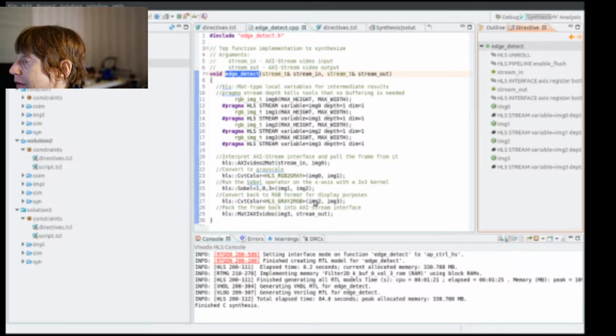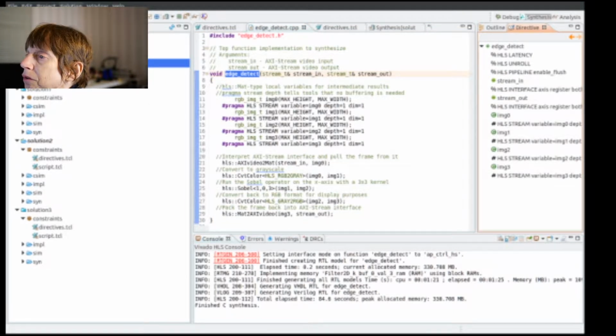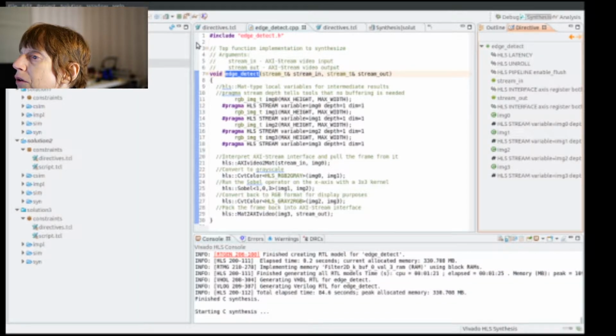See what happens. See what kind of timing we get here. So solution, run C synthesis, select solution. We're going to select solution 2.